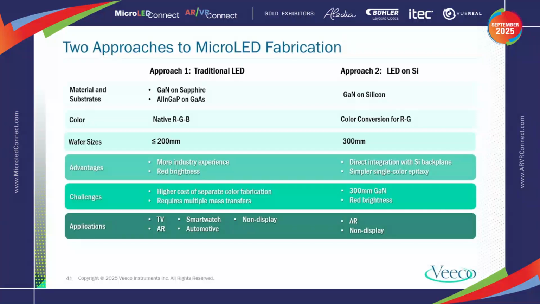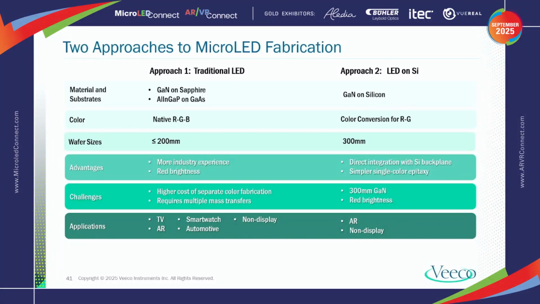And that is in contrast to what we're seeing more and more of, which is LED directly onto silicon wafers. That's through GaN on silicon for mostly blue LEDs, which would then, through color conversion or some other method, deliver red and green colors.